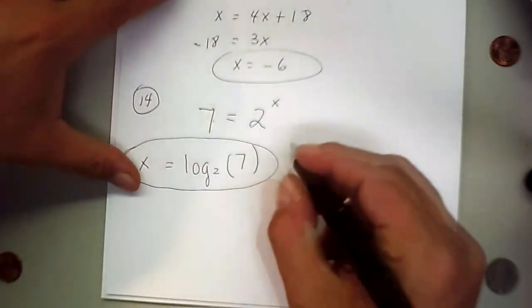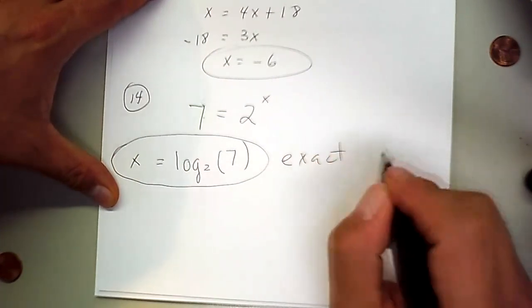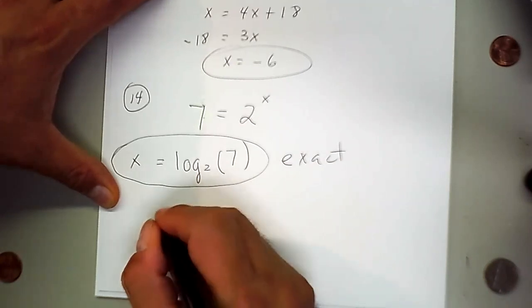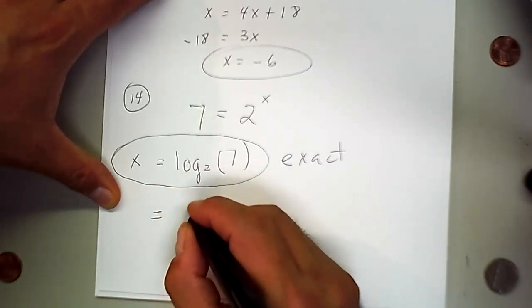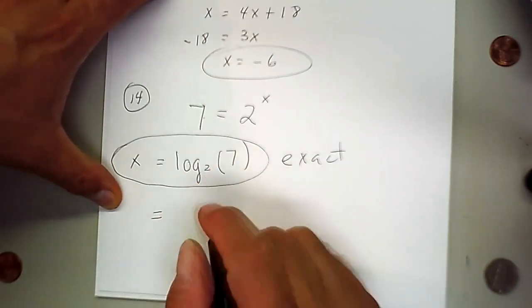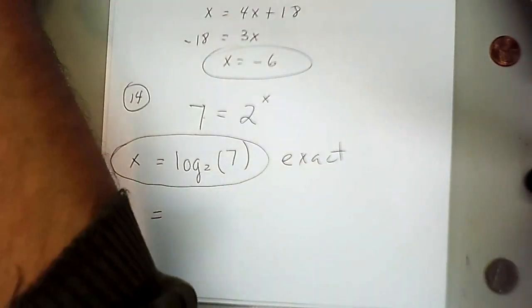So that is the exact answer. This is what we call exact, not to be confused with a decimal answer. Now, if we wanted to figure this out with a calculator, my calculator does not seem to have a logarithm in base 2.